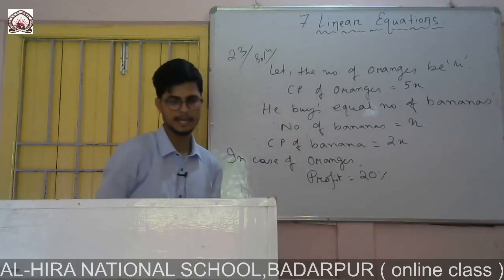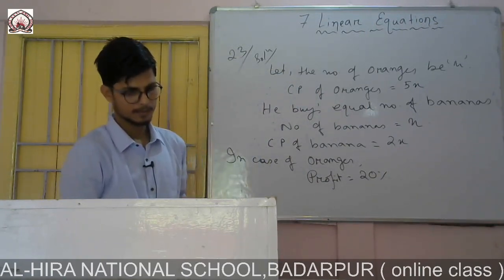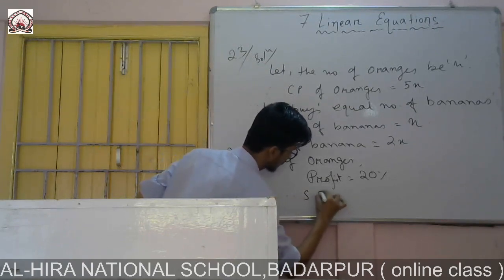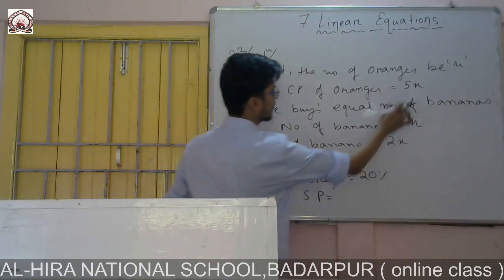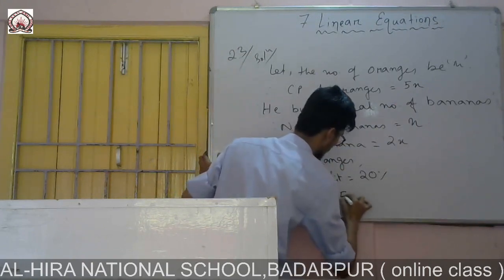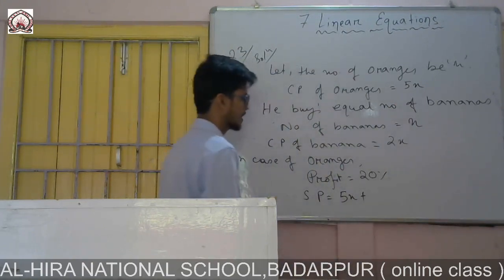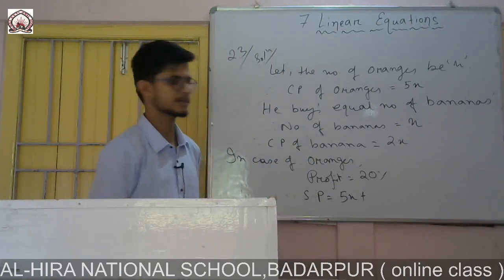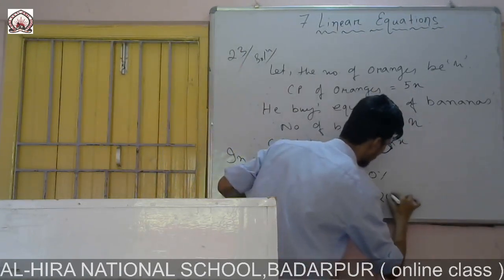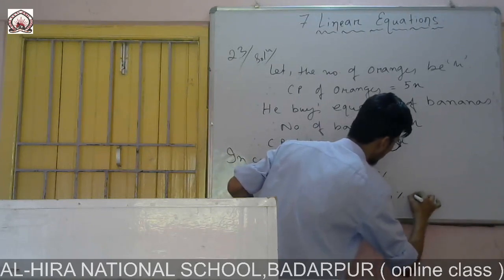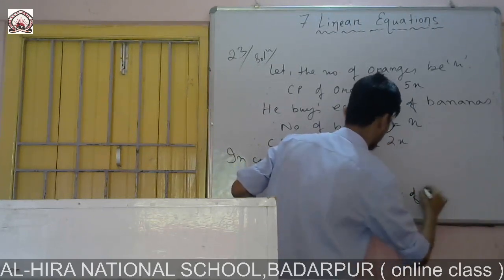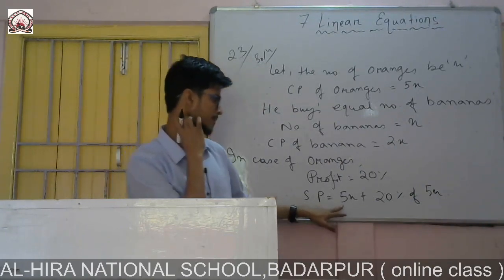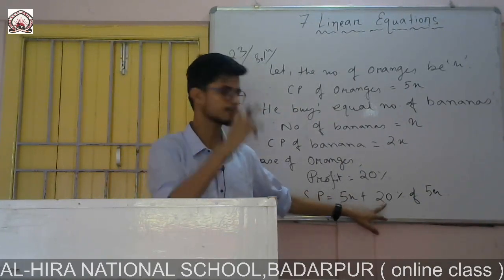So if I find the SP, selling price, you write SP will be equal to the cost price plus profit. So profit was 20%. 20% of which one? 20% of CP, that means 20% of 5x. Selling price will be 5x plus 20% of cost price.